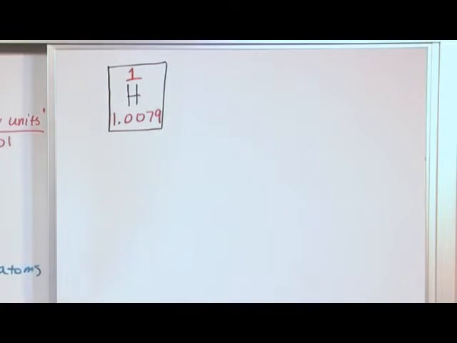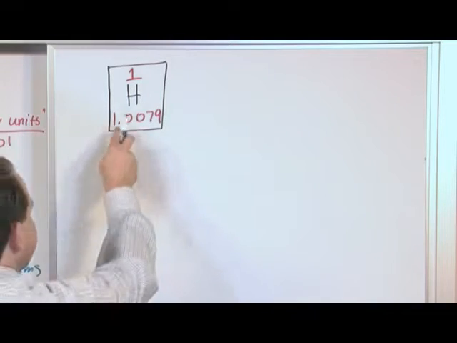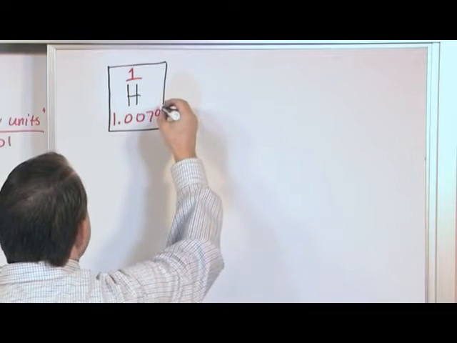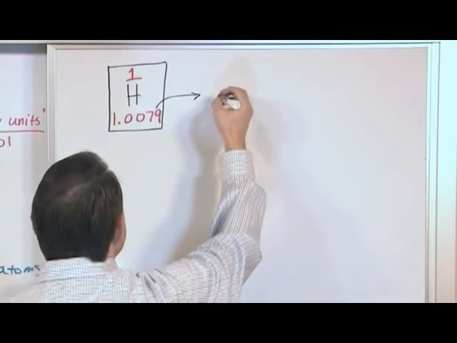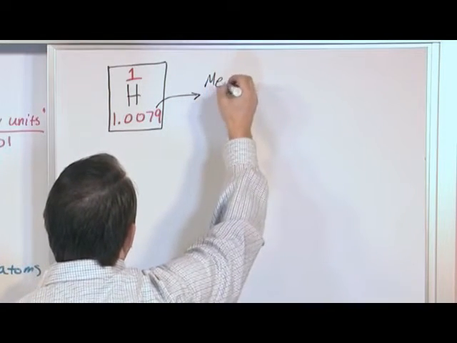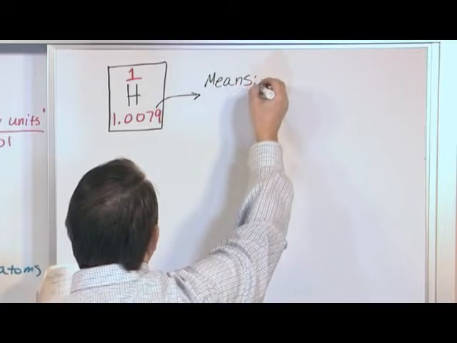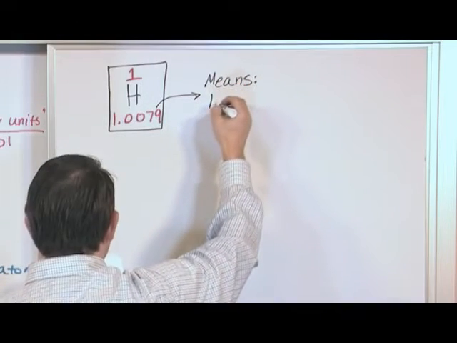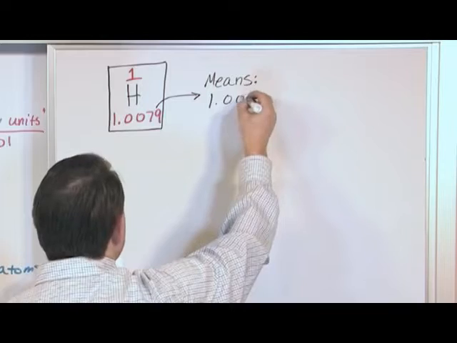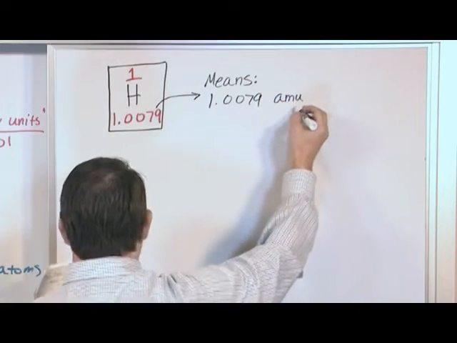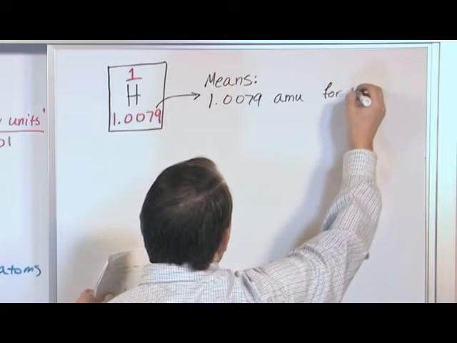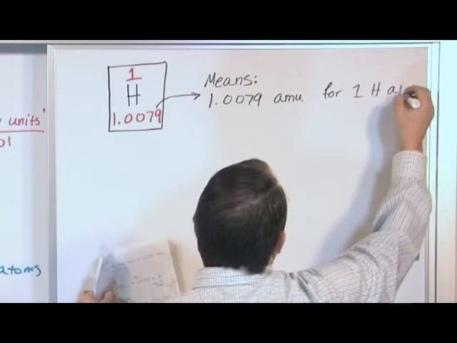Prior to this lesson, like in the last lesson, we were using this all the time. What does this number mean? We already know that it means 1.0079 atomic mass units for one hydrogen atom.